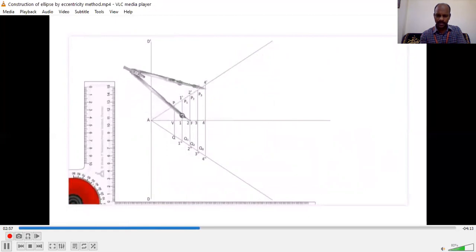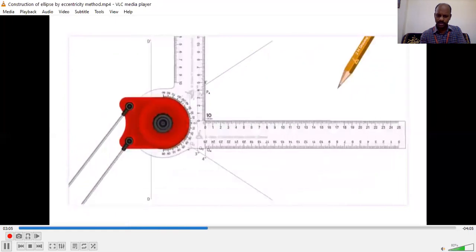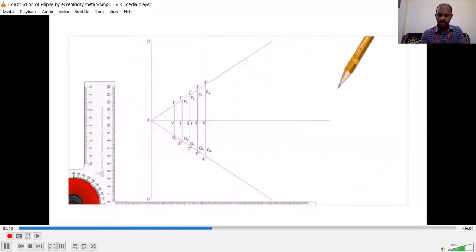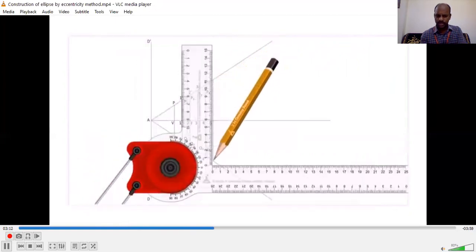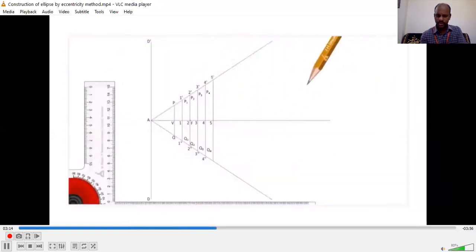The pencil point of the compass should be very sharp. Whatever lines we are drawing are all construction lines, so we have to use a 2H pencil. The drafter should be thoroughly fixed, that knob of the drafter should be thoroughly fixed, and the drawing sheet must be fixed to the drawing table clearly.